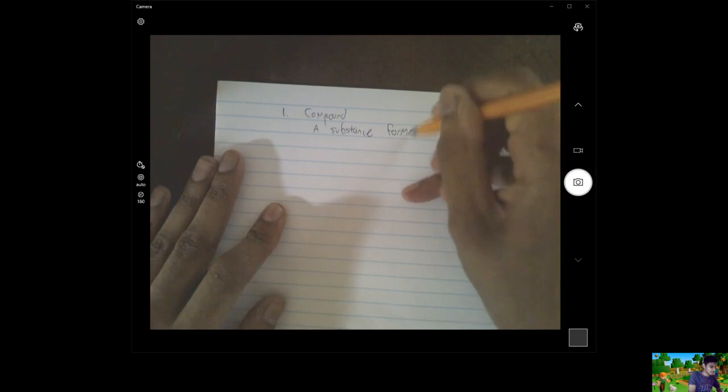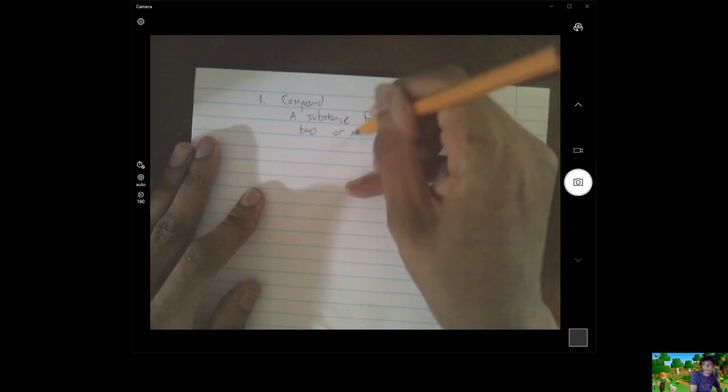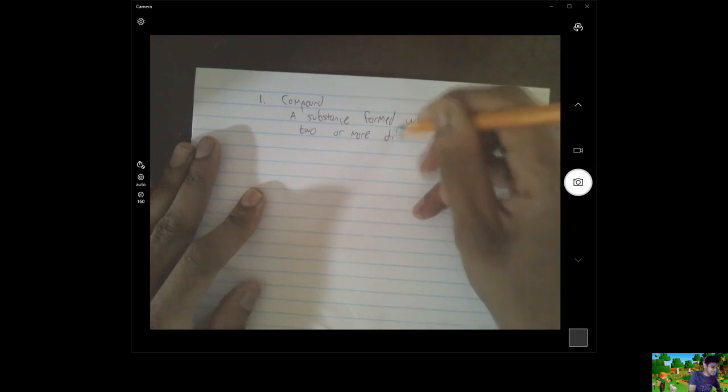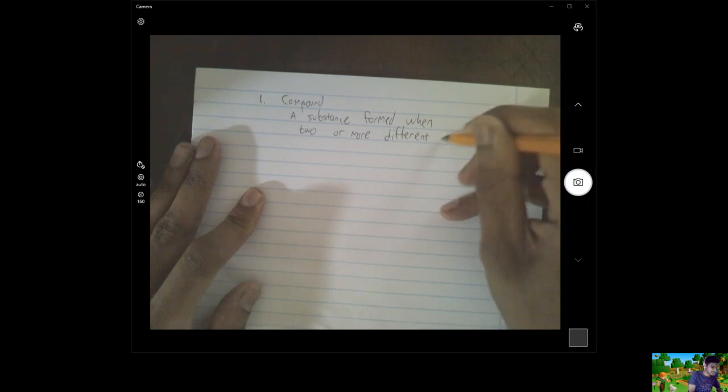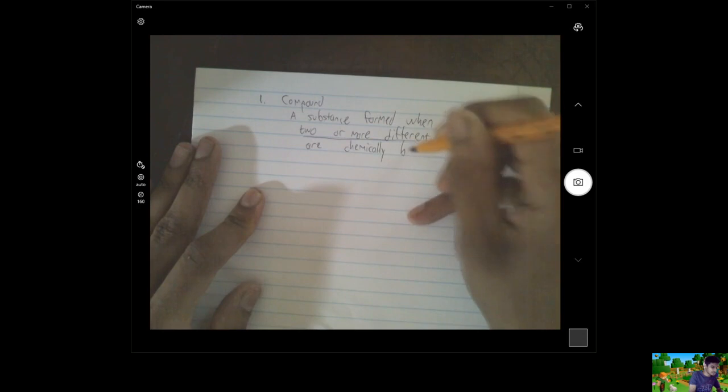A substance formed when two or more different elements, and this is a key part of the sentence, two or more different elements are chemically bonded. And that is a definition. The question is not asking you to explain in your own words or to describe a compound. It says define.